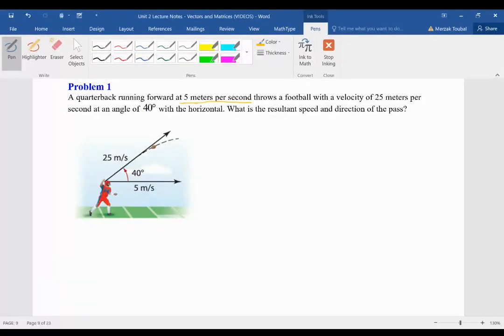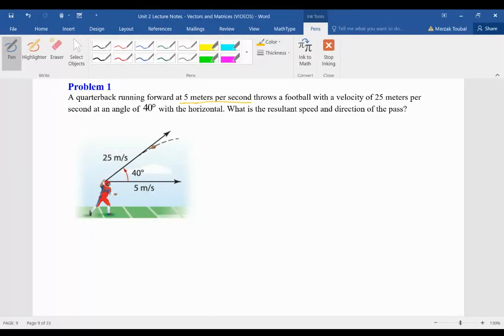Now, when he throws the ball, you got the 5 meters per second plus the new velocity, which is 25 meters per second, because he throws the ball at the velocity of 25 meters per second. So the 5 meters per second is plus the 25 meters per second. So how do we do this problem? It says what is the resultant speed and direction of the pass.